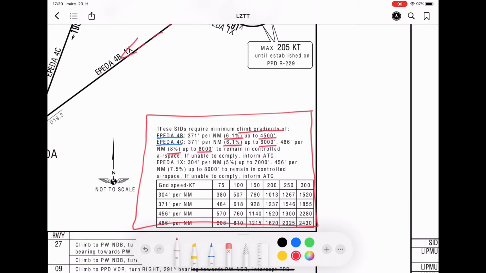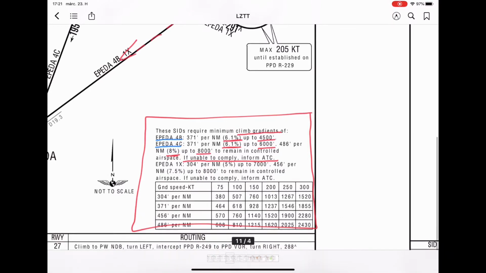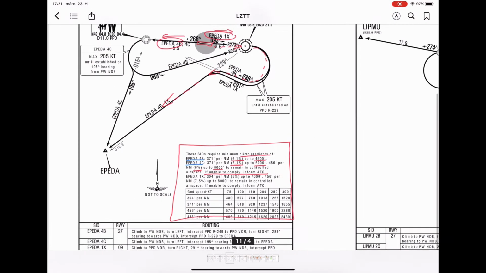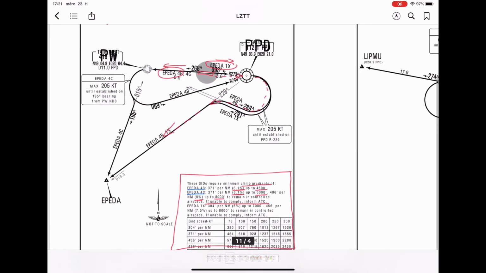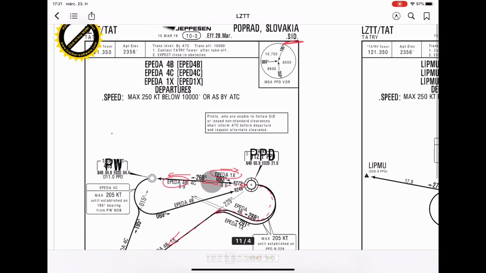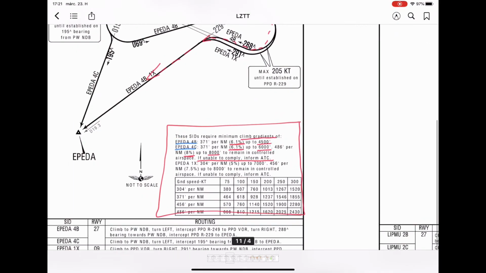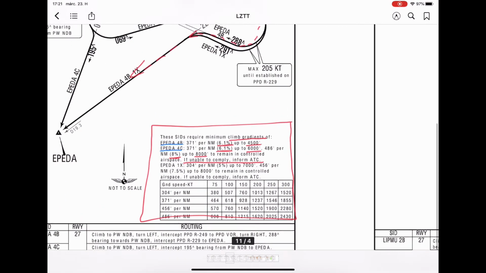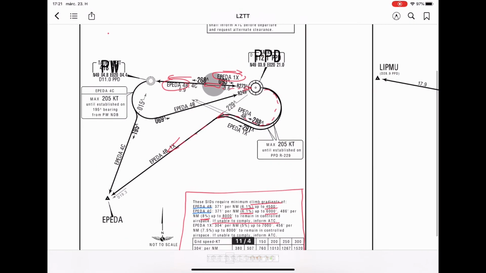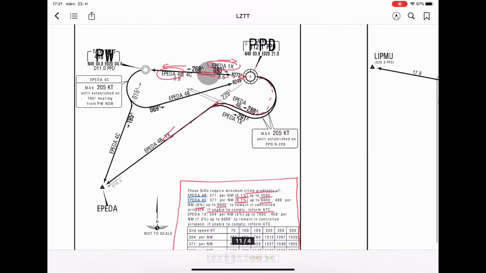And if you're unable to comply, in that case, you have to inform ATC. Right. So generally speaking, this is why it's very important for us to be able to calculate these climb gradients, because these are the limitations that tell us whether we can fly a given instrument departure or we cannot fly an instrument departure.